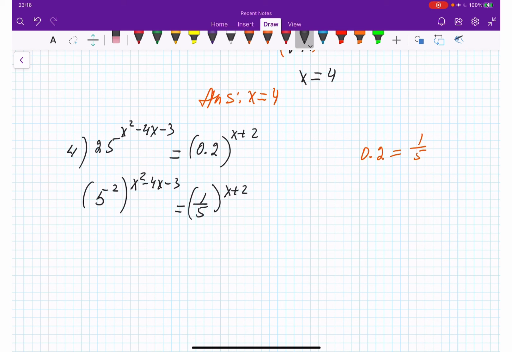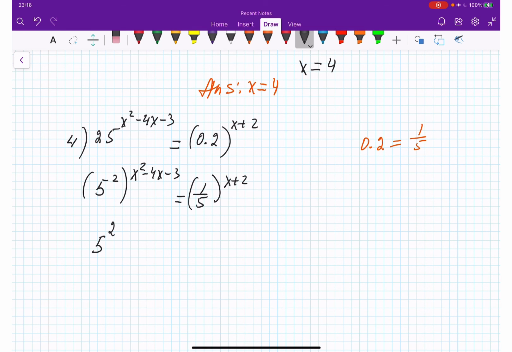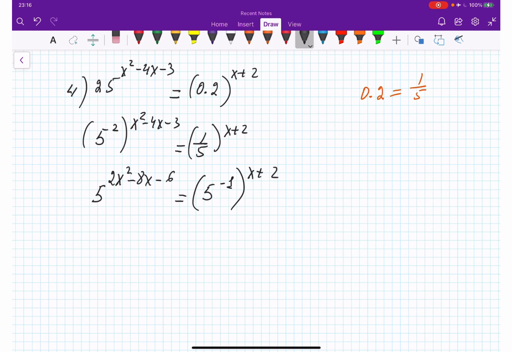Okay, so 5 to power 2x squared minus 8x minus 6 is equal 5 to power negative 1 to power x plus 2. So 5 to power 2x squared minus 8x minus 6 is equal 5 to power negative x minus 2.